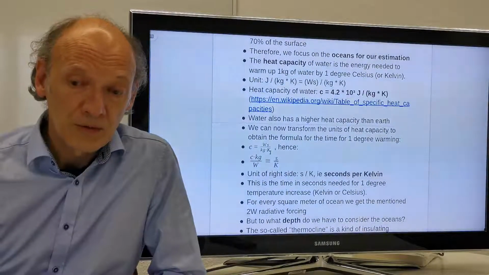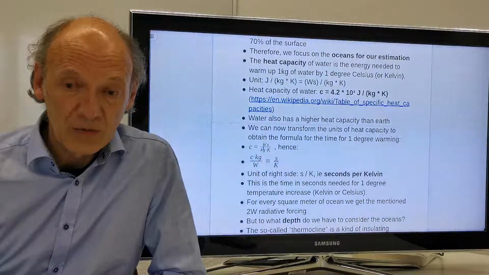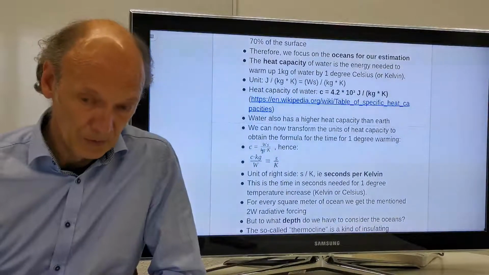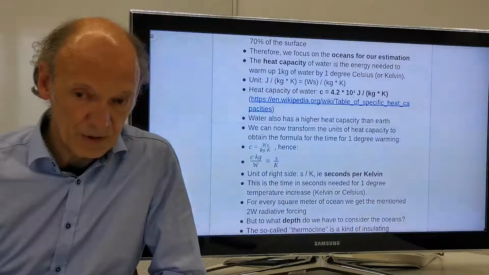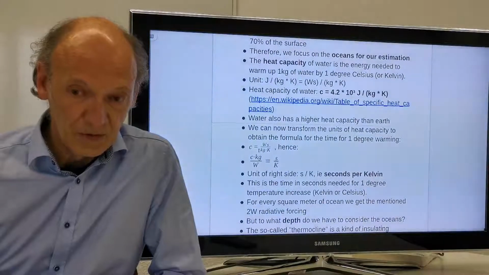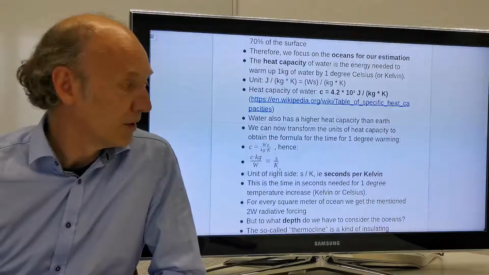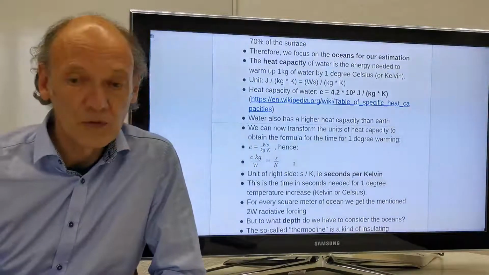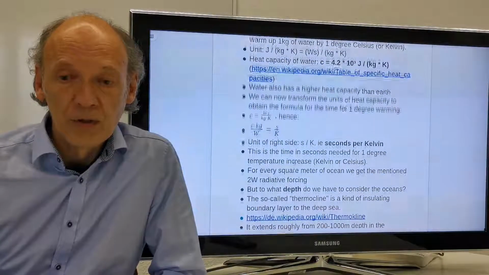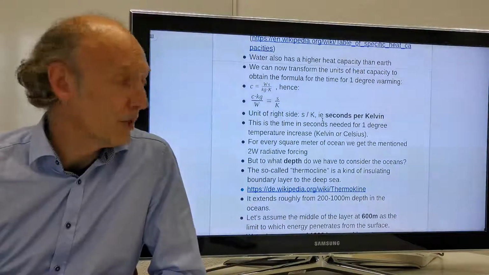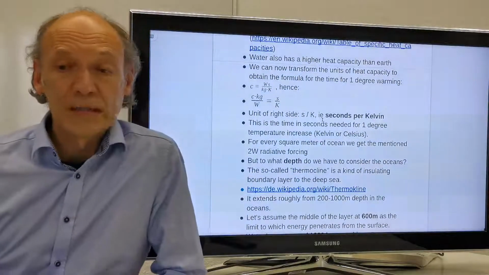Now we can just bring watt and kilogram to the other side to obtain seconds per Kelvin, which you can see here on the next line. I multiplied both sides with kilogram divided by watts, and this is the equation that we obtain. So now we know how to compute the number of seconds needed to warm up the ocean by 1 degree Kelvin or Celsius.